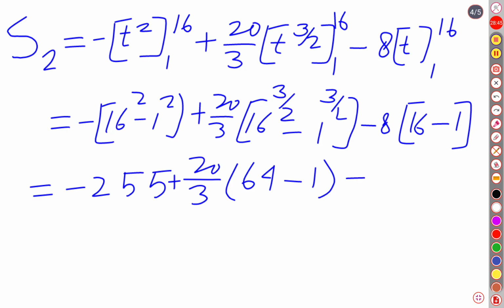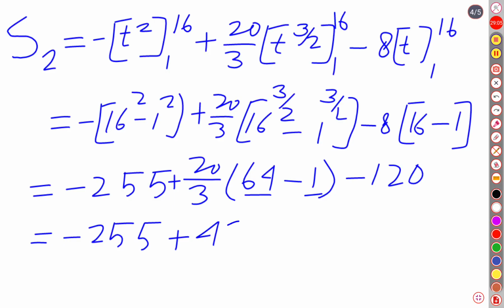So 8 15s are 120. One more step: minus 255 plus 20 over 3 times 63. If 63 is divided by 3, it is going to be 21. So 21 into 20, that is going to be 420.